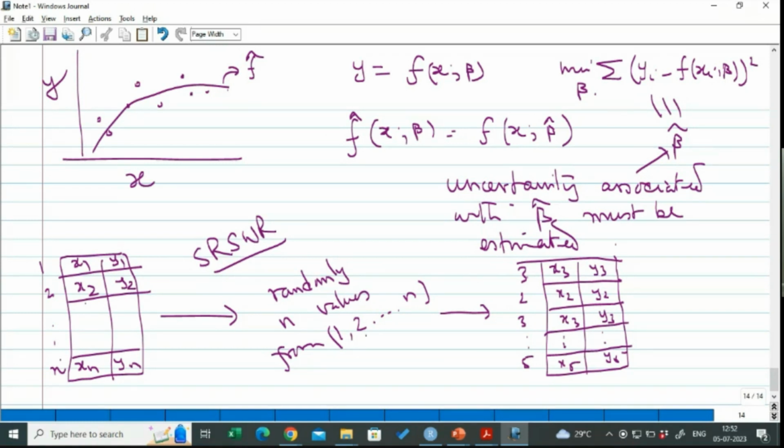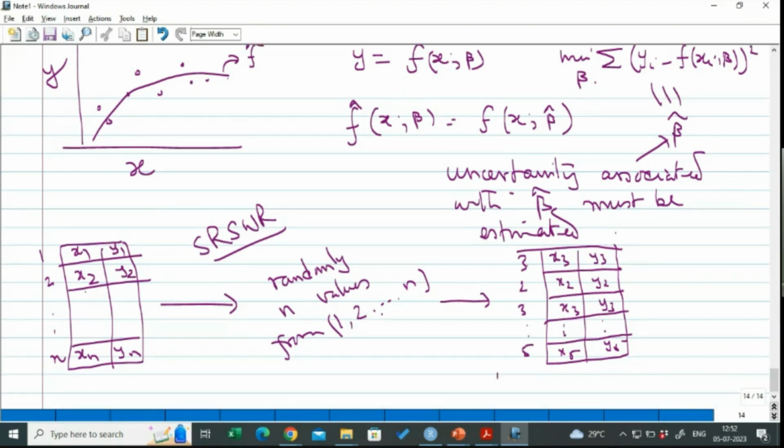Once one value is randomly chosen, that value is returned again, so whichever number comes, I select that row from here and put it over here. This is the new data set. You call it a bootstrap sample.